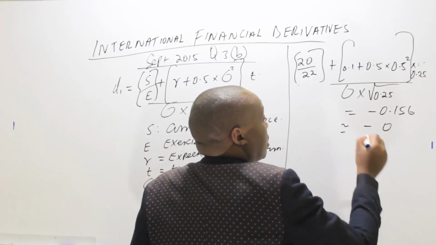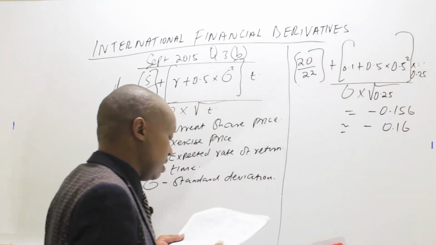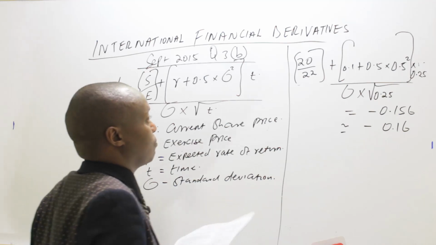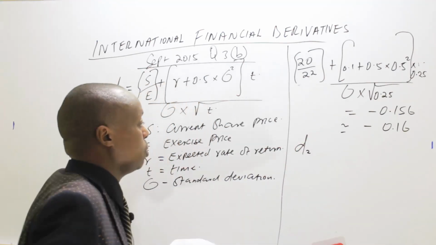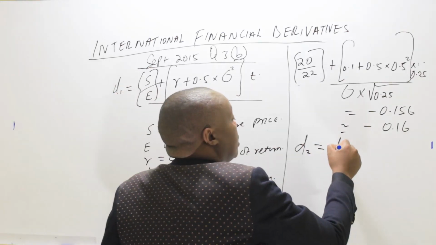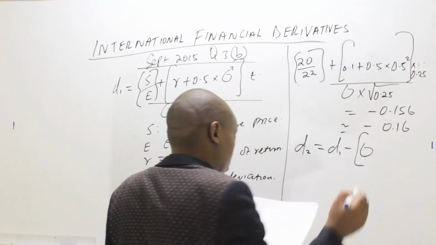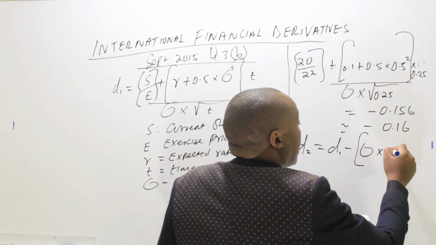This is almost equivalent to negative 0.16. Then, before we get to the second part of the question, to get the value of d2, we say it is equal to d1 minus the standard deviation times the root of time.